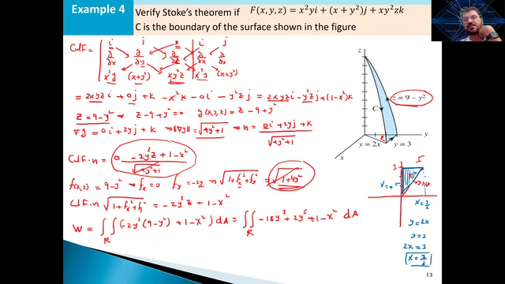So this is equal now to the double integration of minus 18y cubed plus 2y to the 5 plus 1 minus x squared dy dx. X, as I said, is from 0 to 3 over 2.